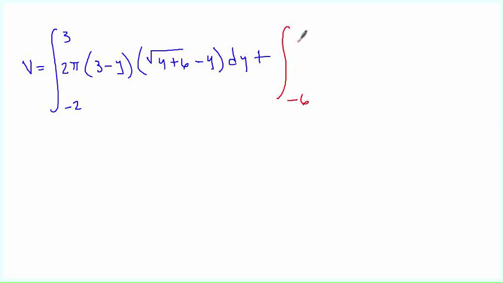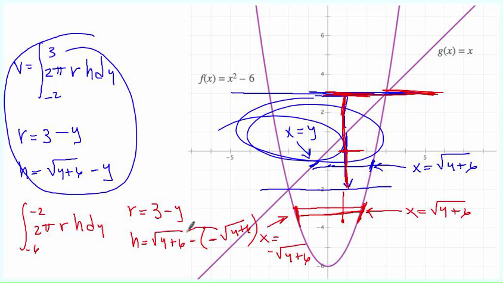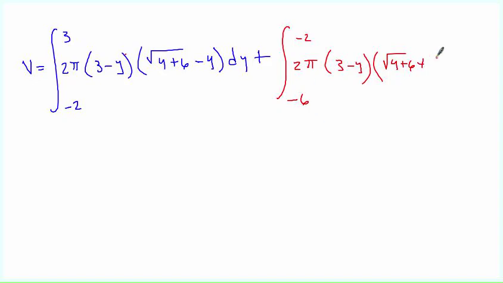from -6 to -2, 2 pi. My radius is again 3 minus y, but now my h is a little different: square root of y plus 6, you remember this part, this is a double negative here. So this is plus square root of y plus 6, close it, dy.